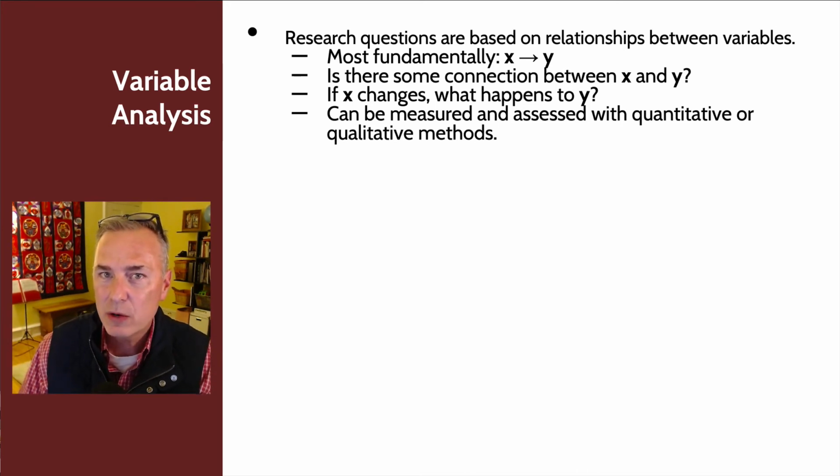Overall, how can we put those two variables together and maybe even start to think about some other aspects of that question where there are more variables that might be affecting Y, but we want to understand what those relationships are and find ways to assess them and measure them, whether it's with a more quantitative approach using numbers, using surveys, or in a qualitative method. We're always going to be thinking about the relationship of those variables with each other.